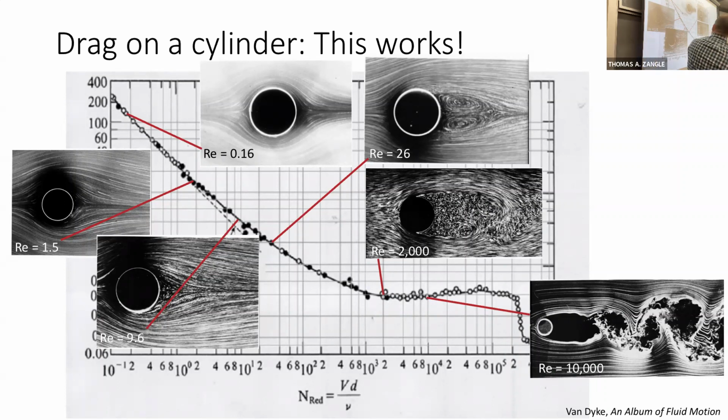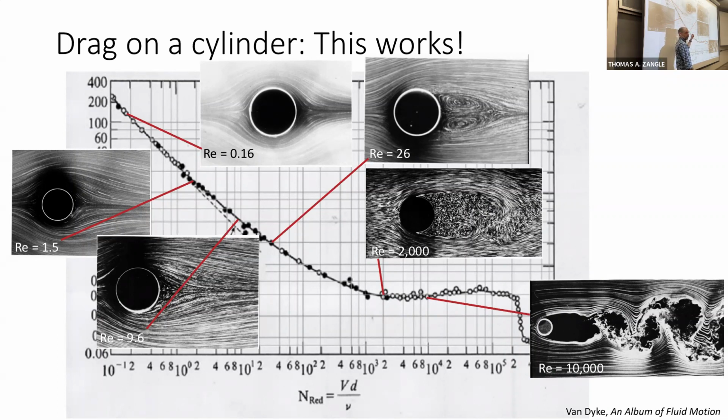That gives us an approach to take something that's massively complex, with all the behaviors going on here, but say something fundamental. In this case, the drag force expressed as coefficient of drag should just be a function of Reynolds number. And so there's just a single line here.